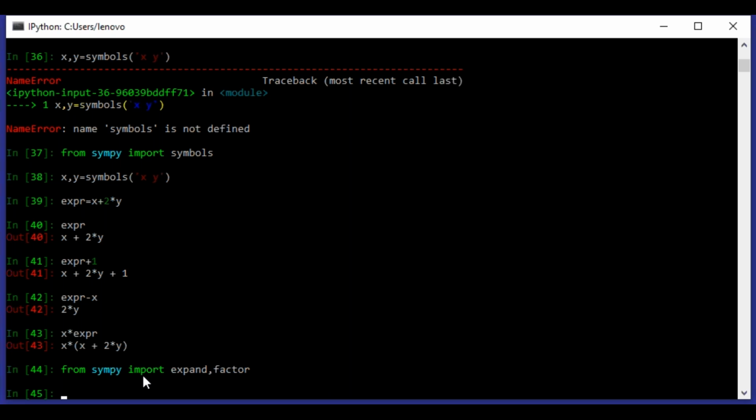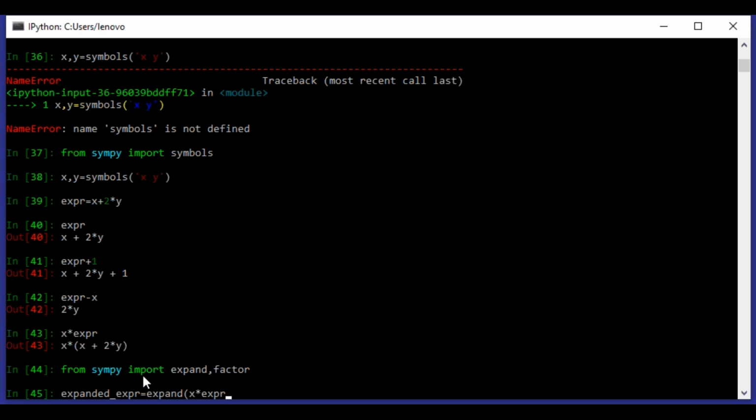Then I am giving the name expanded expr, equal to the function expand, of x into expr.